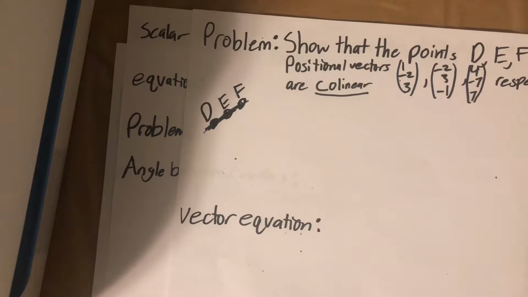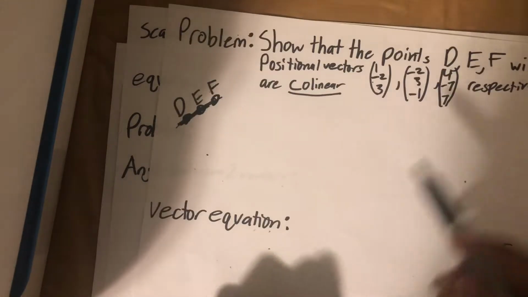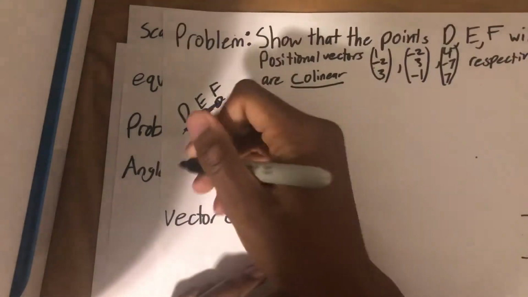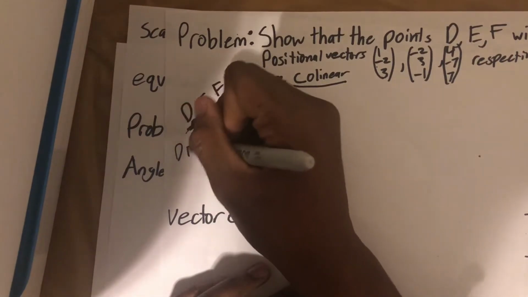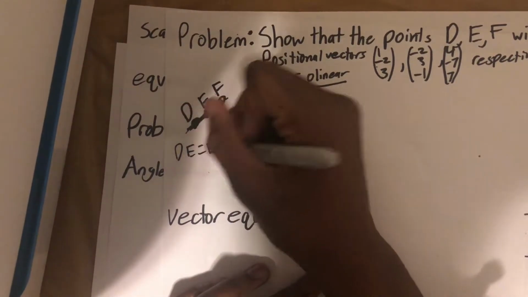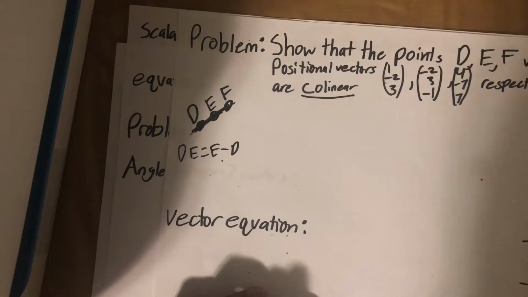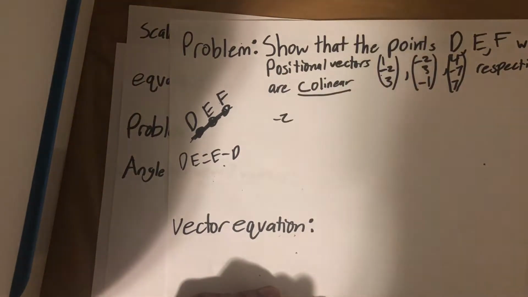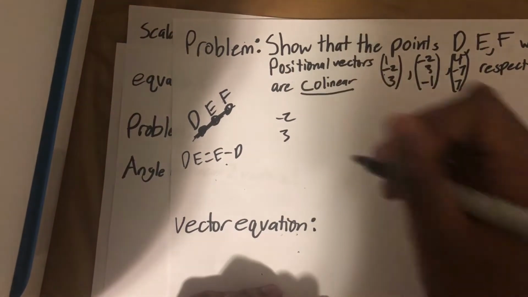So then basically they're asking us to show that they're collinear, which means that we have to first find the vectors themselves. So let's find DE. DE, as we know, you go backwards. If you're trying to find DE, you would just do E minus D. So then we have E equaling negative 2, 3, negative 1.